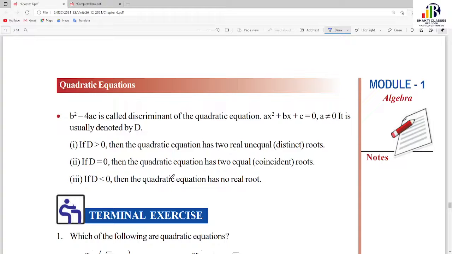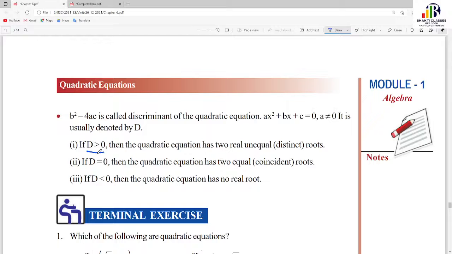It is usually denoted by capital D. So here, based on the value of capital D, we can classify our roots. If capital D is greater than 0, then the quadratic equation has two real unequal, that is, distinct roots.